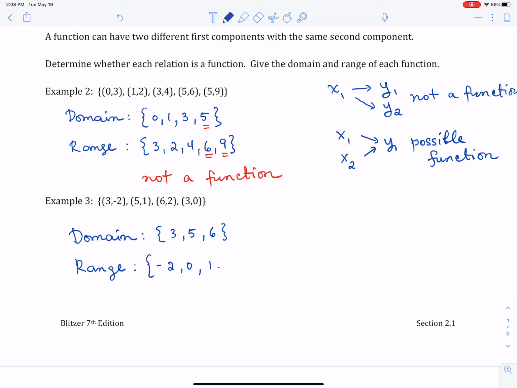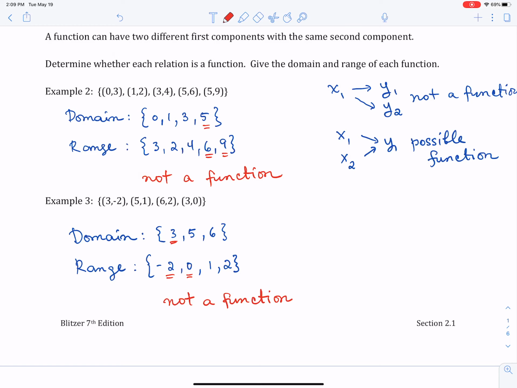And 5 produces 1 and 6 produces 2. 3 produces two values. Since that's the case, this is not a function.